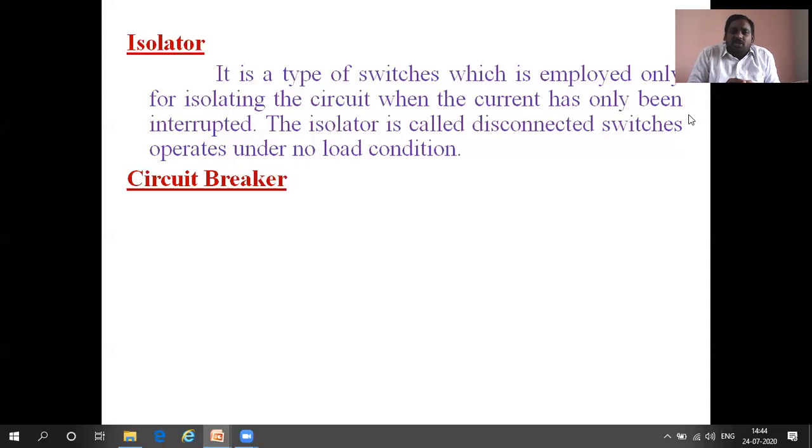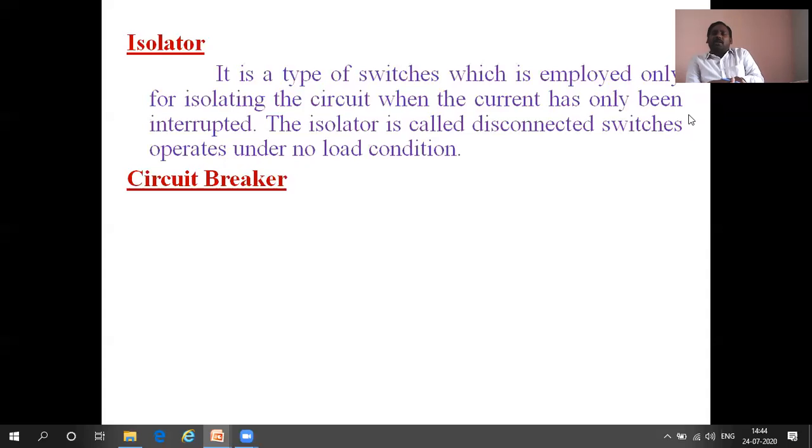The circuit breaker is installed in any system, substation also, to protect that system against surges and fault currents. That's why a circuit breaker is called a load switch, which can break the circuit and can make the circuit.